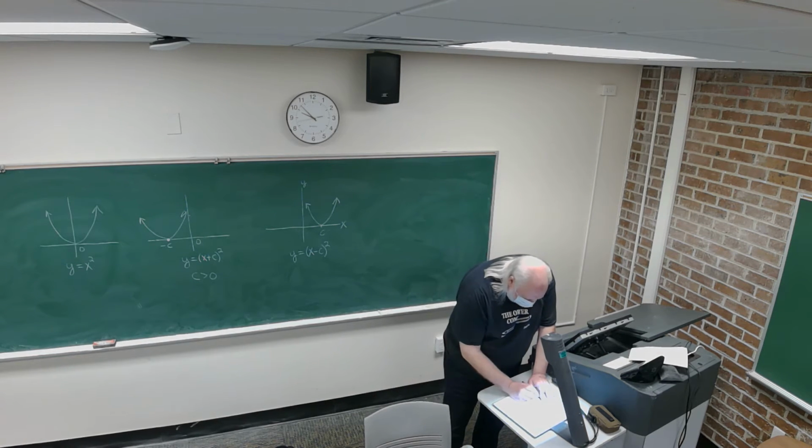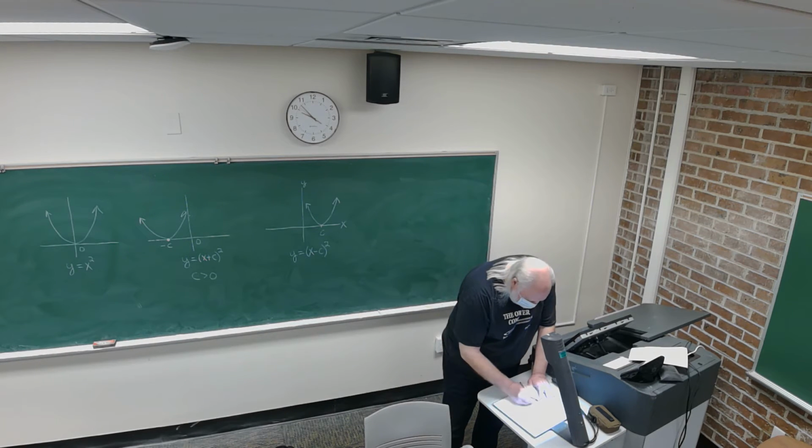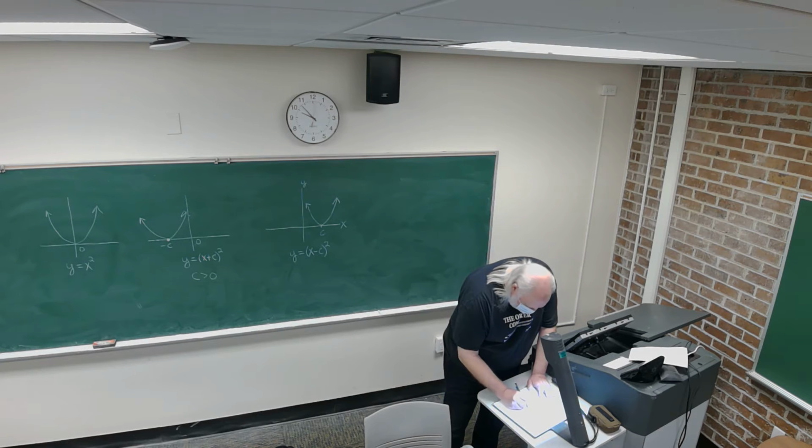We multiply the y coordinates over here all by 1/2 and then plot those points. So 1/2 of -6 is -3. 1/2 of 0 is still 0. 1/2 of 2 is 1.